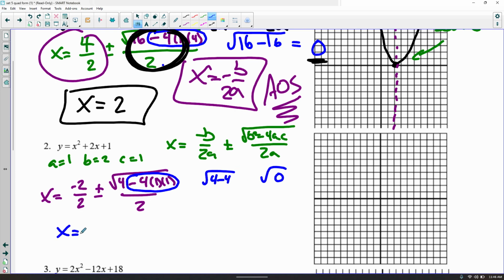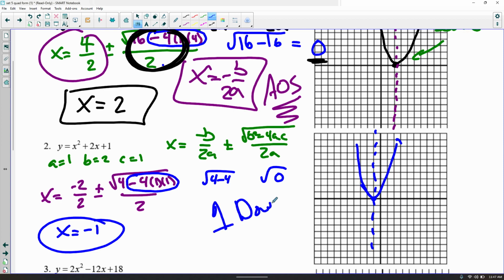So X is equal to negative 1 again. Right here. So it ends up being a parabola. Axis of symmetry is right here. That's a horrible picture. It needs to be a little bit more curved. All right. One double solution.